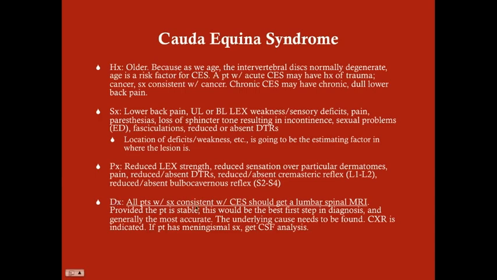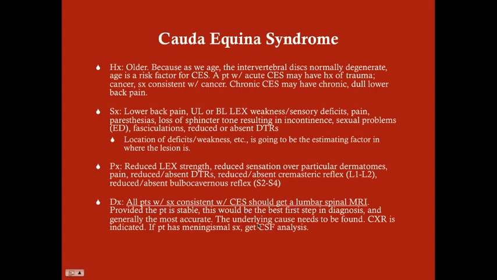For all patients where you suspect Cauda equina syndrome, and that's really any patient where you've got this loss of sphincter tone, incontinence, along with back pain, you should get an MRI. And provided that the patient is stable, this is the best first step. The underlying cause needs to be found. Usually that can be found on MRI.